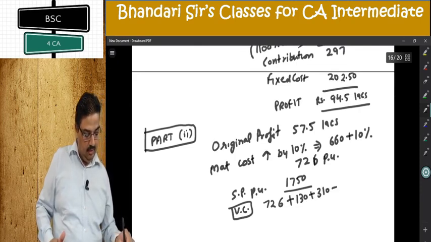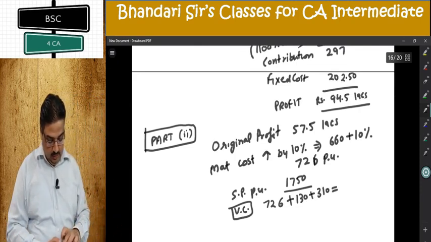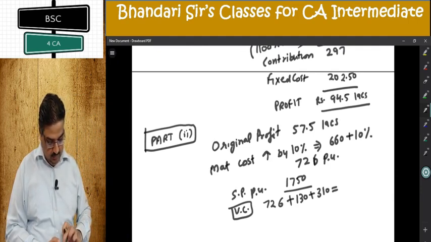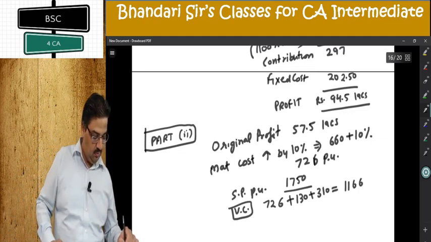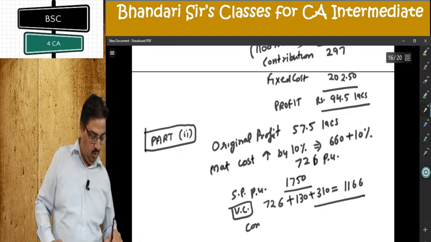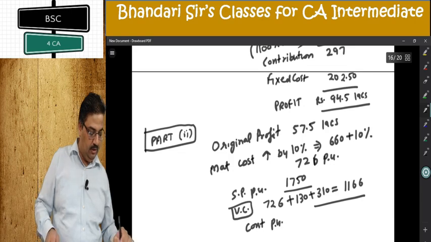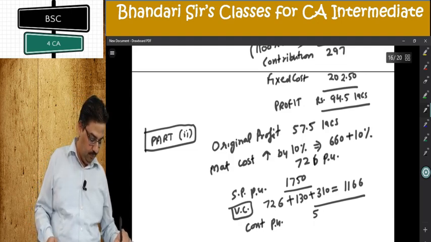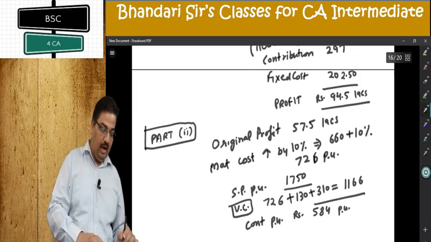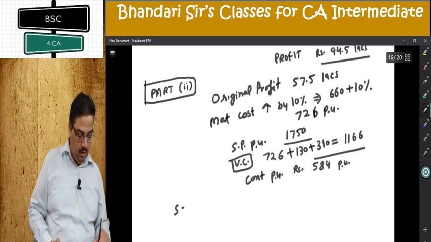So I'm getting total 726, 130, 310, that is 1166. Contribution per unit based on this revised data is 584. Rupees 584 per unit.